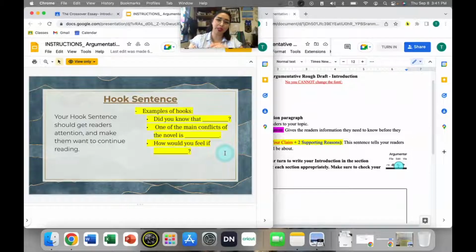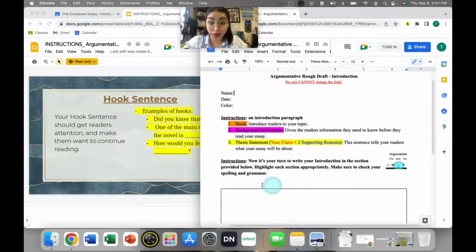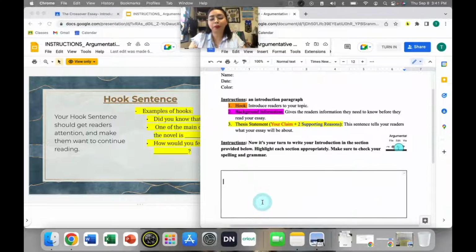It should be something related to your theme, like what you're talking about. So if my example theme is about love driving you to make sacrifices, then maybe my hook could be something like, how much would you sacrifice for the people you love? So we're going to go ahead and type our hook in.